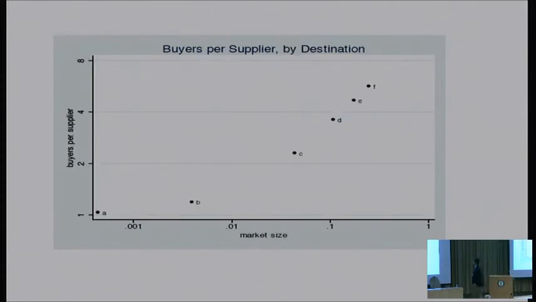And the second thing is that we also capture this fact about buyers per supplier going up in the bigger market. Each firm that has entered that market tends to get more customers, and that's something that we saw in the data as well.